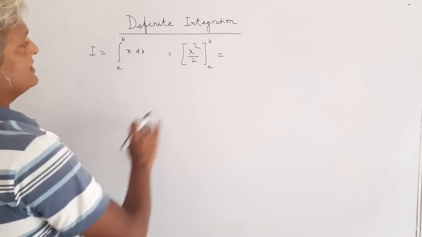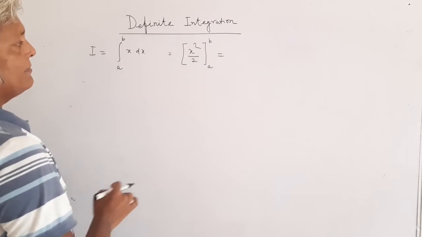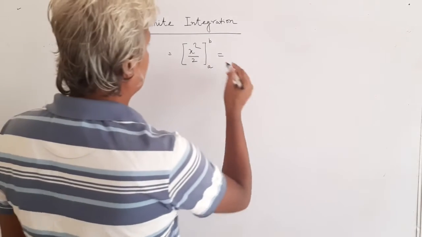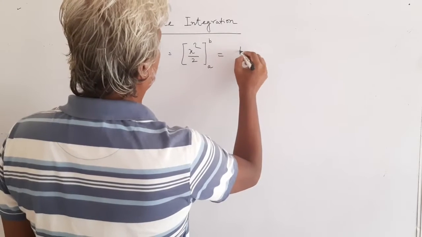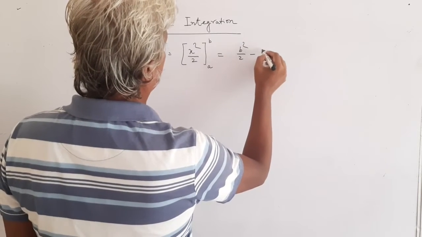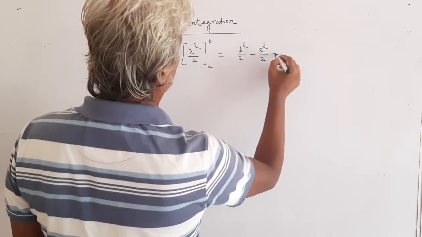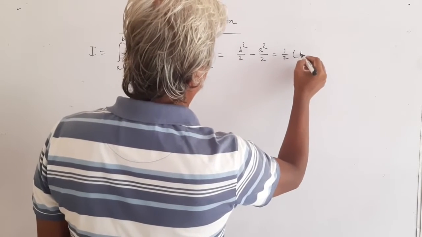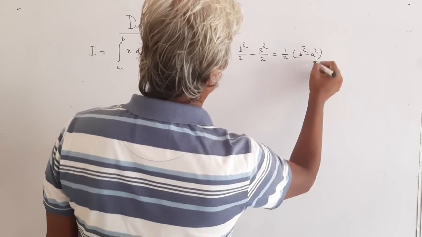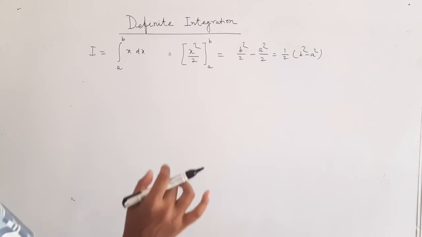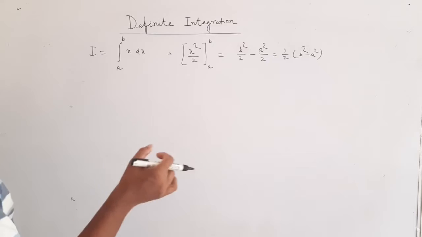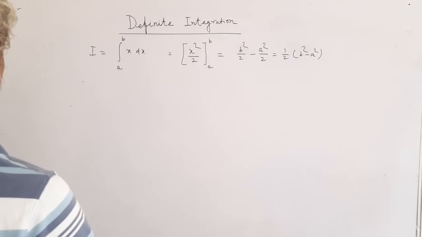Now find the value at the upper limit minus the value at the lower limit. So first you put b there, this becomes b square over 2 minus a square by 2, that is half of b square minus a square. But we have to solve this question based on integration as a limit of sum. So this is the direct answer, this is not the limit of sum.